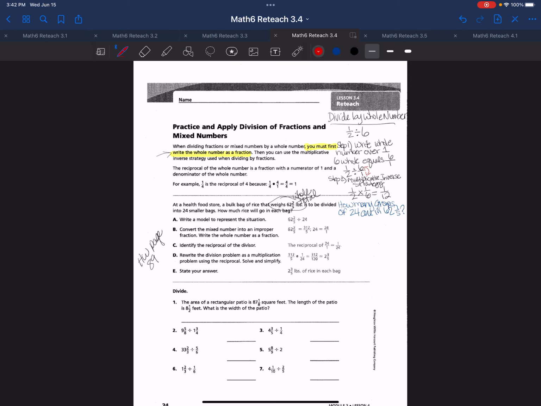So here we need to convert this mixed number into an improper fraction. So we do 5 times 62 plus 2, and we get 312 fifths. And then in order to write the whole number as a fraction, we are doing that here.